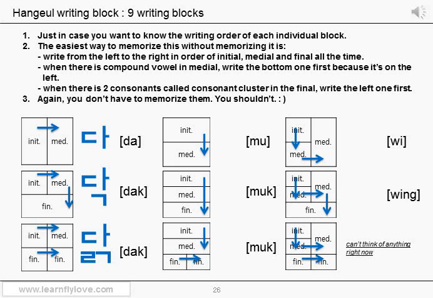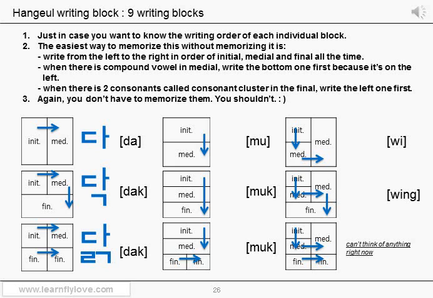This time, the L consonant on the left is silent. You don't pronounce L consonant in the final. You only pronounce K consonant in the final. Therefore, the actual pronunciation of this word is the same as the one above it. Tak. Tak, okay? Let's speed up a little bit.